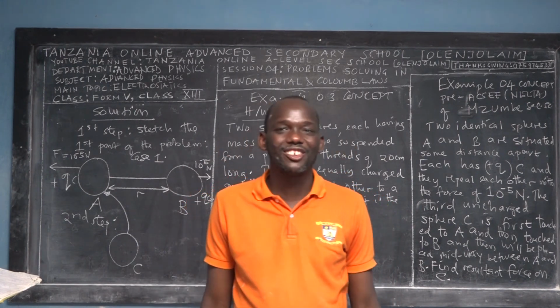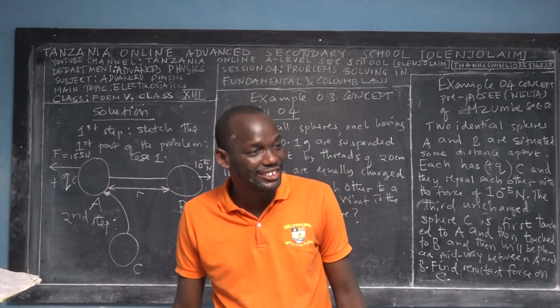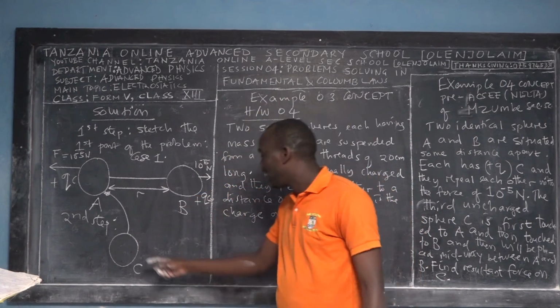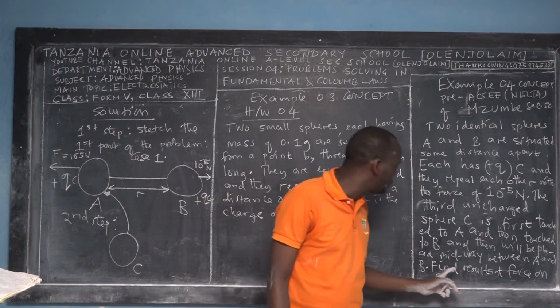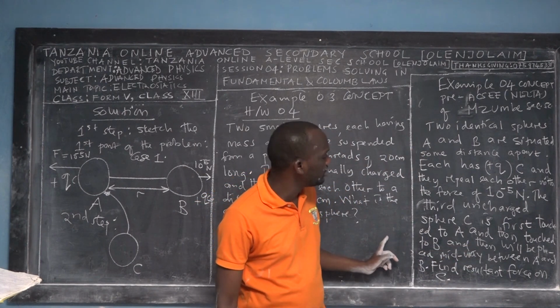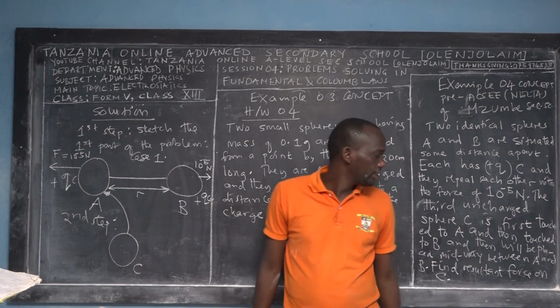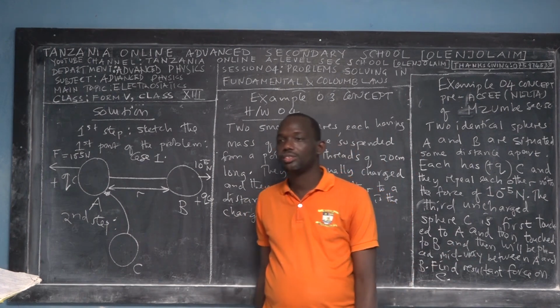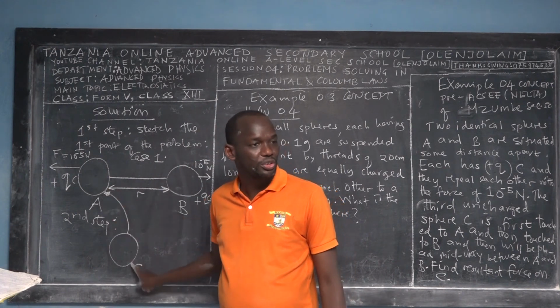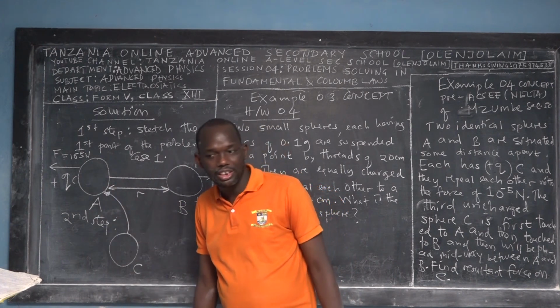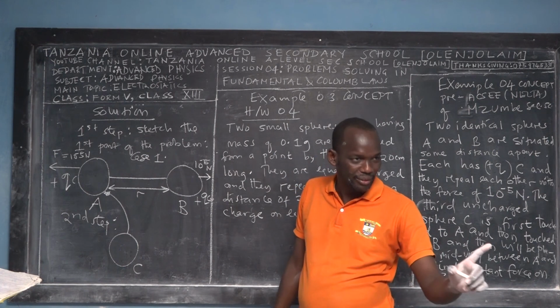It's the concept of charging, which we learned at the fundamental level. So sphere A is going to charge sphere C, because the third uncharged sphere C is firstly touched to A, and then touched to B. Firstly touched to A, so you have to compute what happens after it has been touched to A. That's number 1.